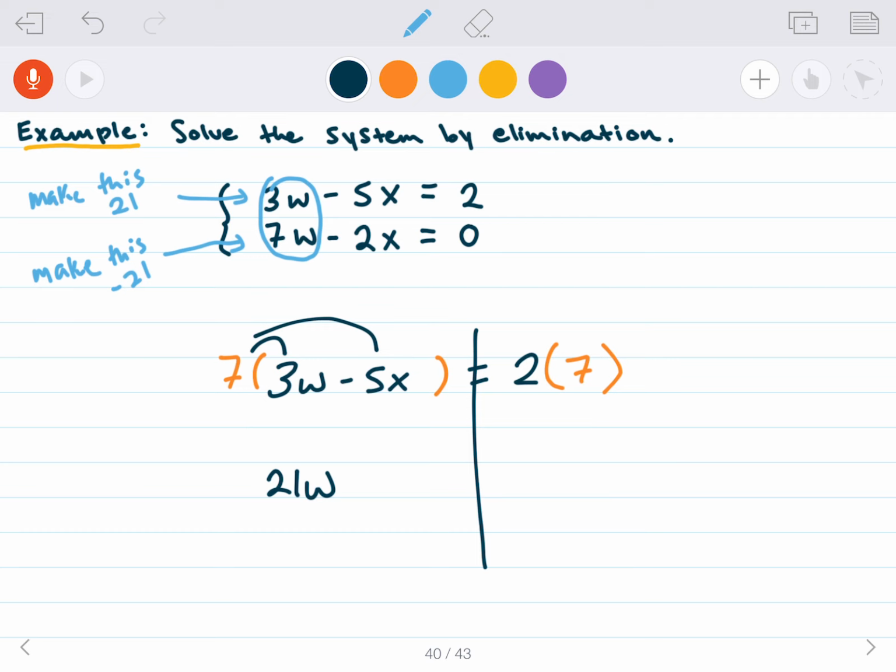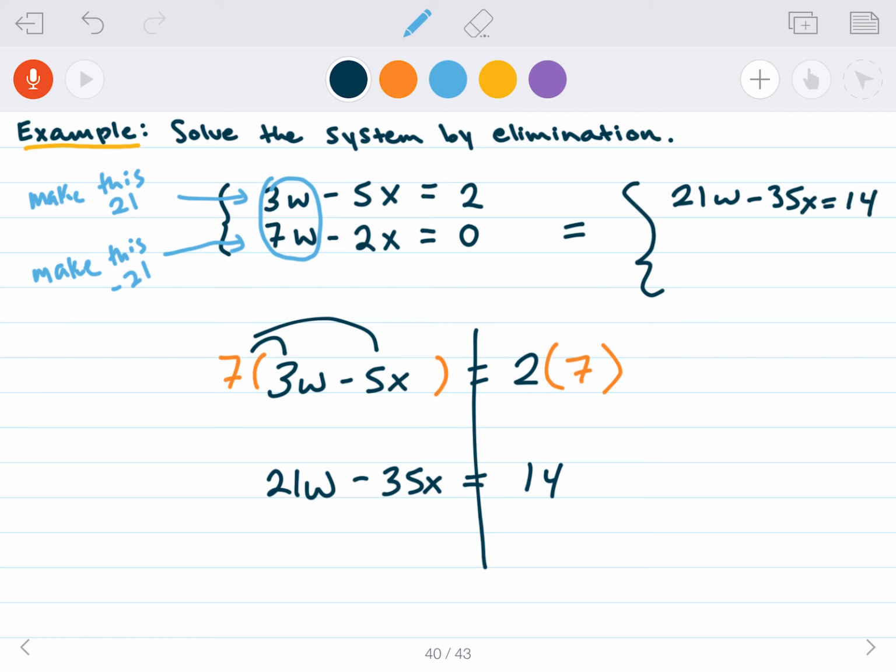And then 7 times negative 5 is negative 35x equals 2 times 7 is 14. So I'm going to rewrite the first equation as 21w minus 35x equals 14.